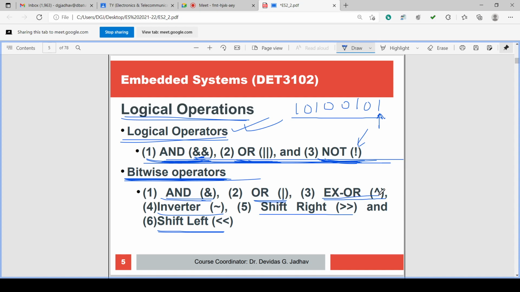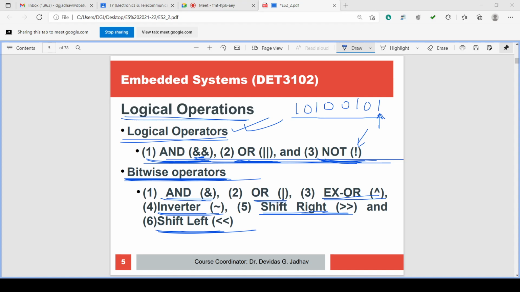The inverter is Shift and the first key below Escape, before the 1 number key. Shift right is greater than, and shift left is less than, which are near the M letter on the keyboard.